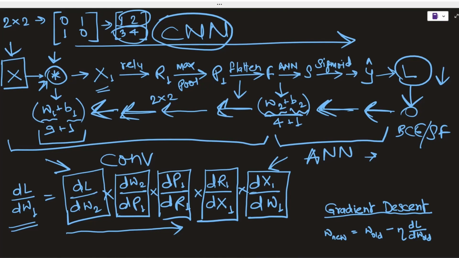Okay, finally in the end, when we have achieved the best values for these weights and biases, which is nothing but the best values for the filter that we are using. Okay, if we are able to do that, in fact we will not be doing that, the algorithm will do that for us, but finally we reach the point where we get the best values for the filter, and then the filter will start capturing the meaningful edges or features from the image.